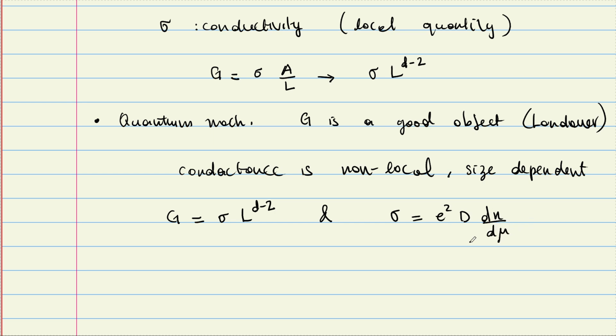This is what we derived previously. Then I'll substitute this here and see what it gives me. So this is e squared D dn/dmu times L to the D minus 2.